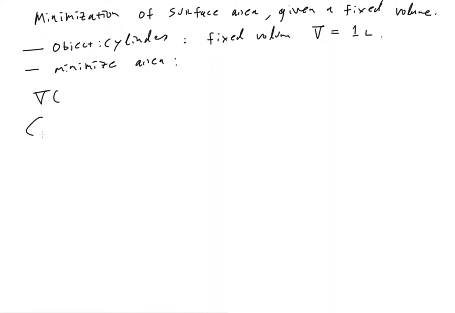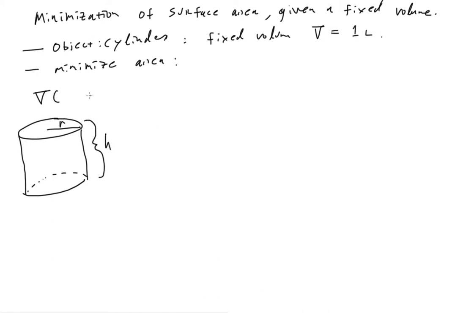And we know that every cylinder, let's draw a better cylinder here, every cylinder has 2 parameters that define the cylinder. That's going to be the radius as well as the height. All right, so V of r and h, we know that's going to be equal to 1. So now this is our constraint.